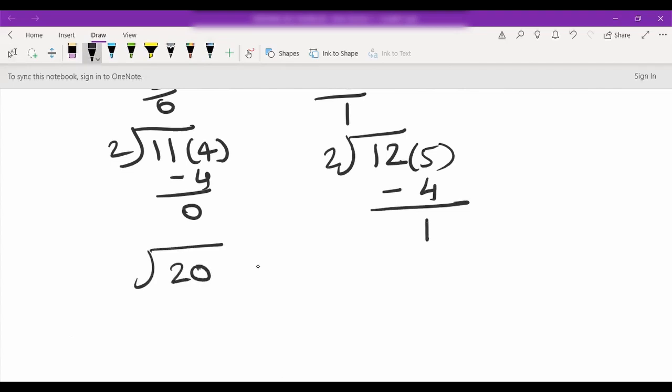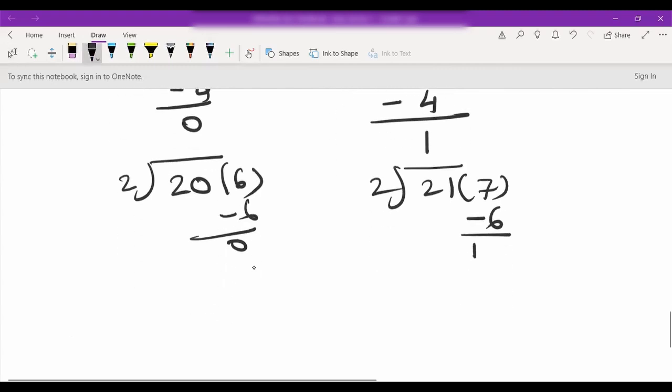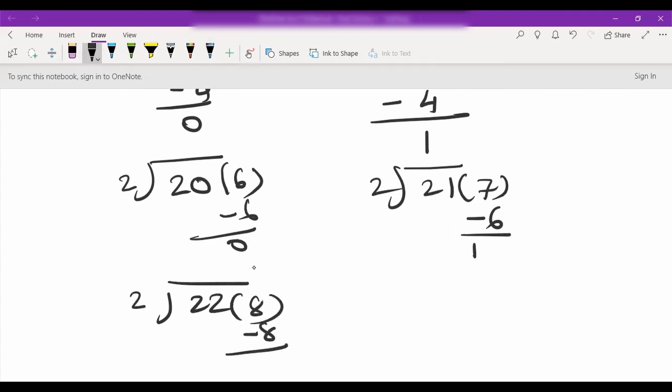Number 6 is 20. When it is divided by 2, your remainder is 0. Number 7 in the ternary number system is 21. When number 7 is divided by 2, your remainder will be 1. Number 8 is 22 in the ternary number system. When divided by 2, your remainder will be 0.